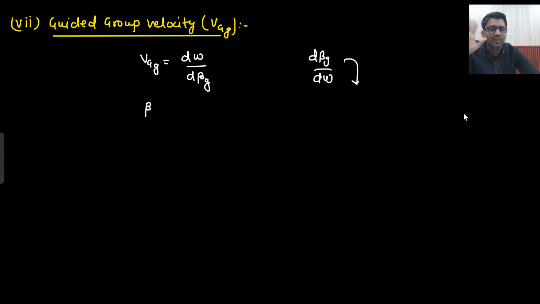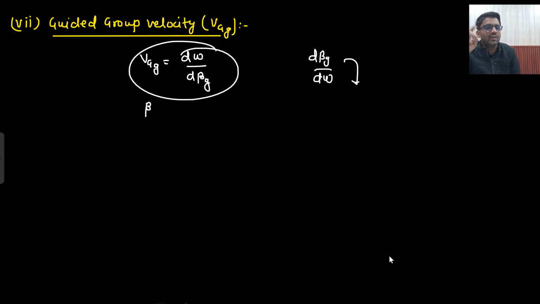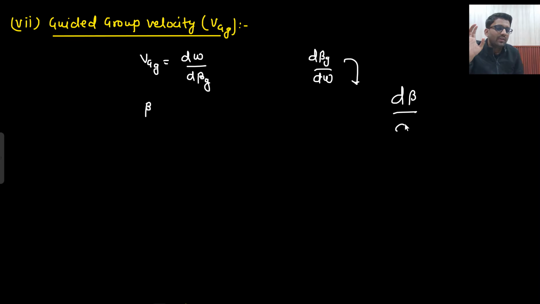Okay, are you getting this point? First you will write down the definition, that this is what I need to find out, then you will calculate d beta by d omega and then you will take the reciprocal.